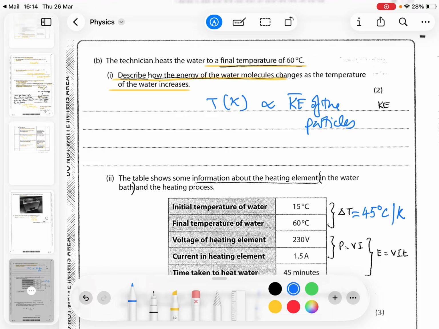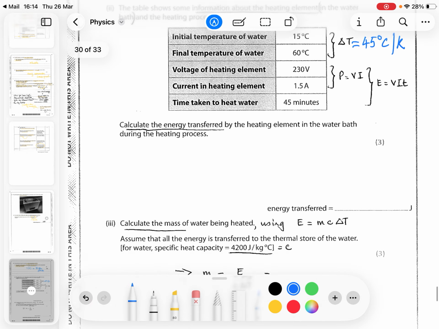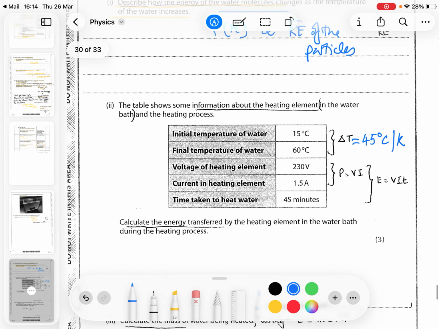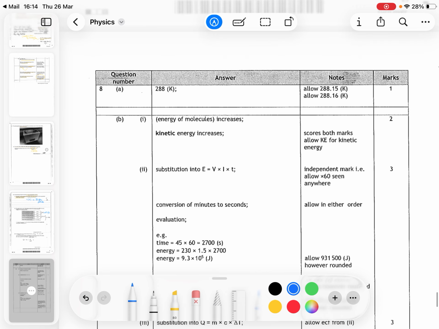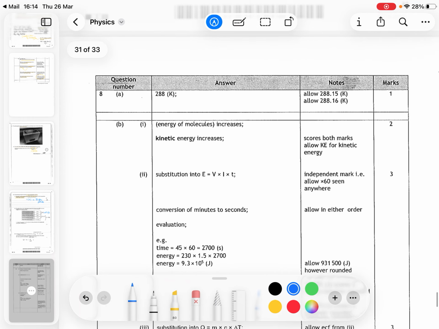That's mainly true in gases, but in water molecules it will also hold true. Increased temperature, you increase the kinetic energy. Okay, so let's have a look at part B1 in the mark scheme. Yeah, so the kinetic energy increases, we got it.